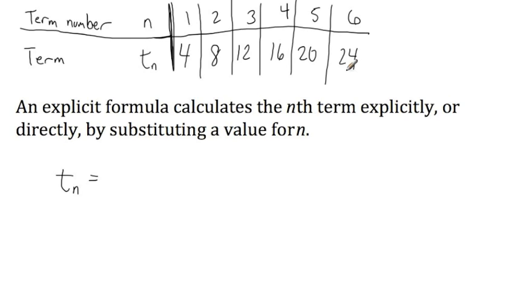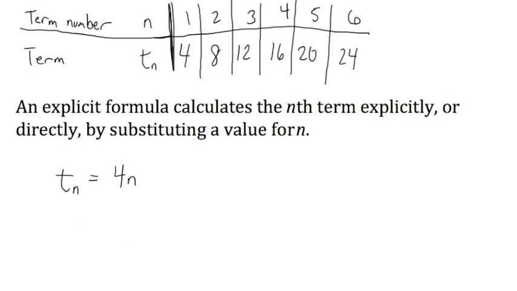If the term number is represented by the variable n, what we're doing is multiplying that n value by 4. So to generate any term t sub n, we can take 4 and multiply it by n, which is the term number.